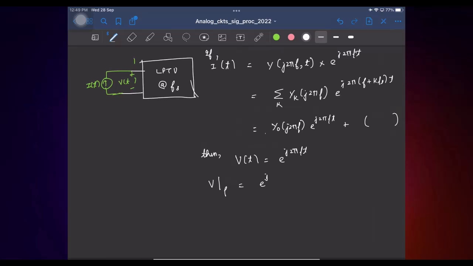So if I look at the strength of the voltage at f, that is the same. You just have e power j 2 pi f t. Now I'll do the same thing: I'll scale the current. Is that fine? So the voltage will also scale.